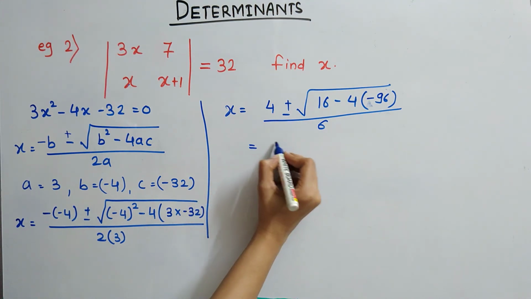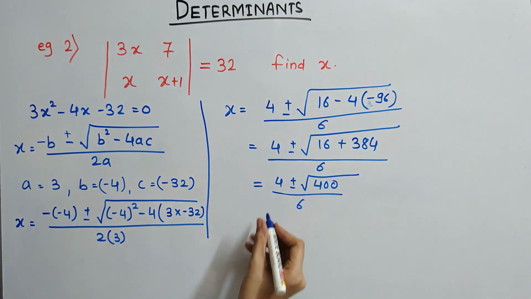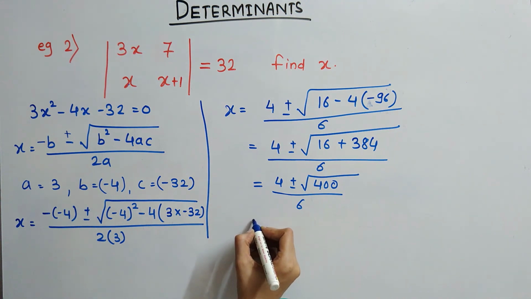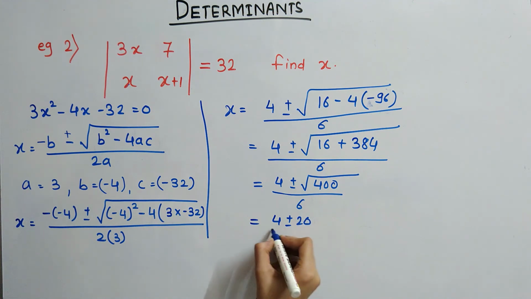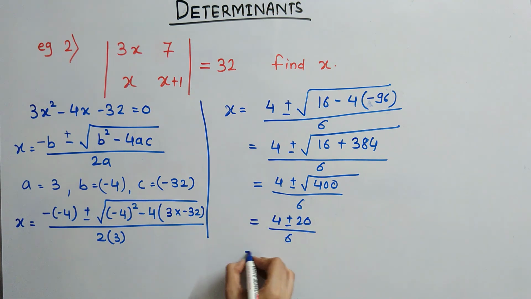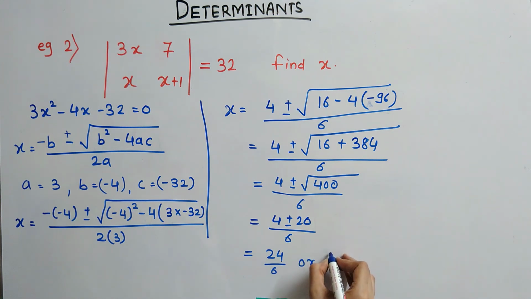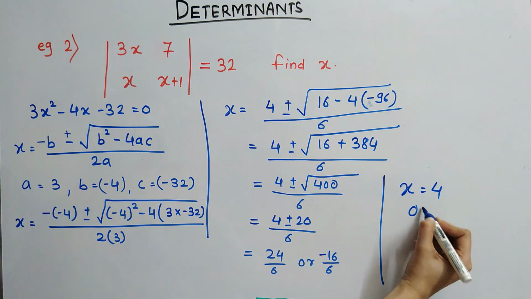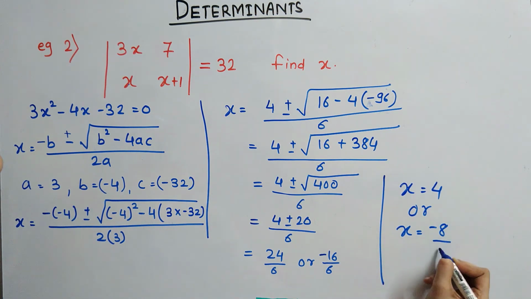So which is equal to 4 plus or minus the square root, the answer of this is 20. So which is equal to 24 by 6, or x is equal to 4, or x is equal to minus 8 by 3. So this is the answer.